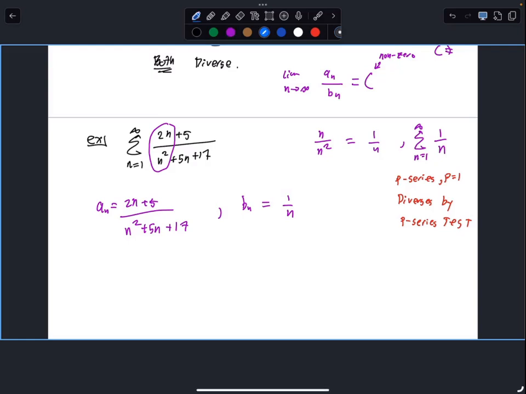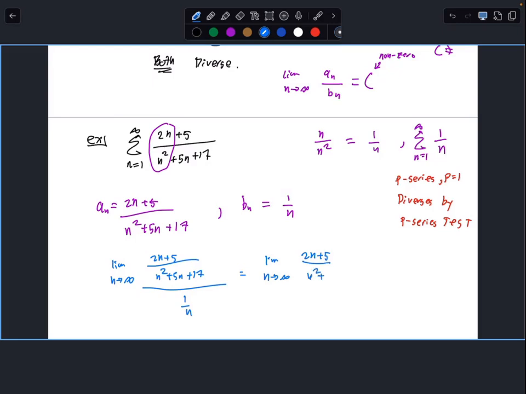So I'm going to take the limit as n approaches infinity of (2n + 5)/(n² + 5n + 17), and divide it by 1 over n. Keep, change, flip, if you haven't done fraction division in quite a while. This is the same thing as the limit as n approaches infinity of (2n + 5)/(n² + 5n + 17) times n, the top just gets times n.